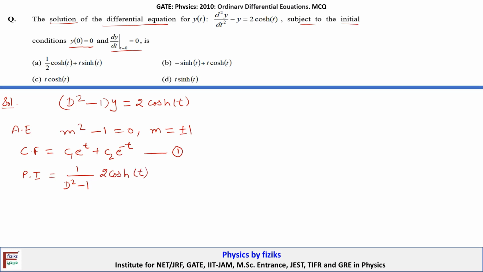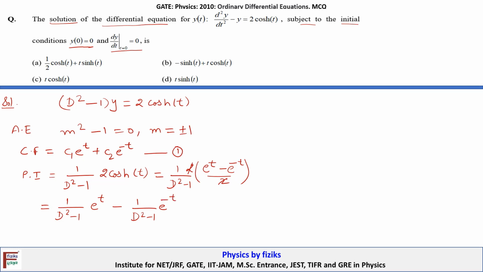Now this cosh t can be split into exponential terms: 1/(D² − 1) into (e^t − e^(−t))/2, cancelling the 2 with the 2, we can write it as 1/(D² − 1) e^t − 1/(D² − 1) e^(−t).